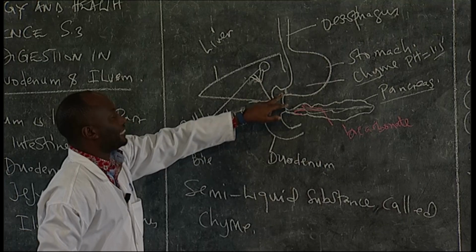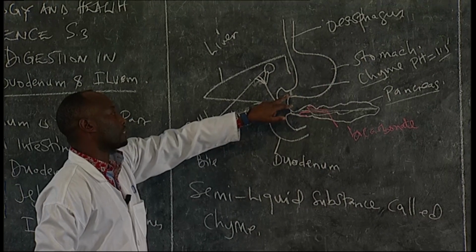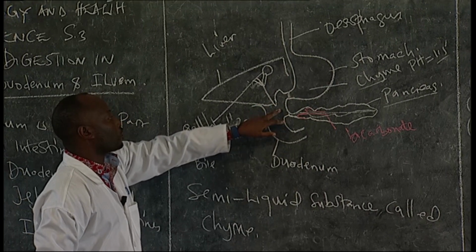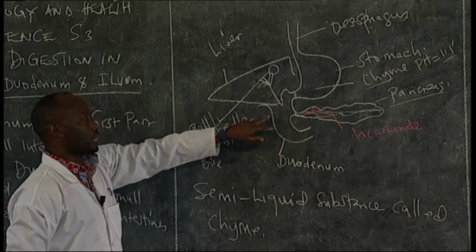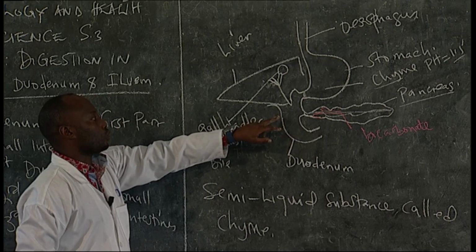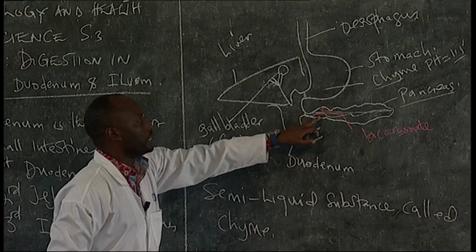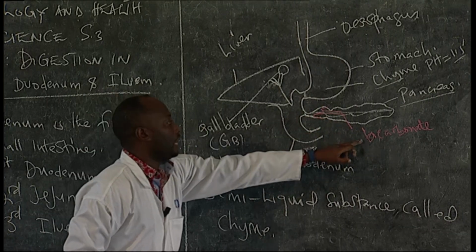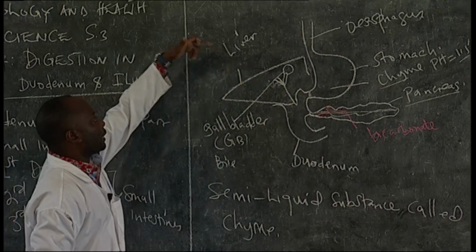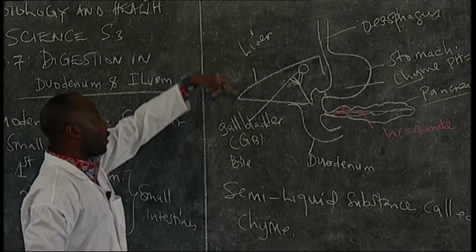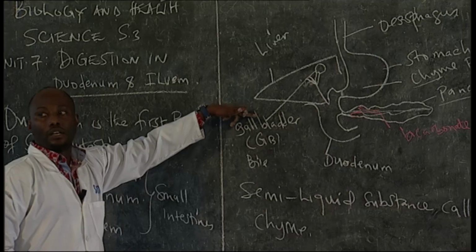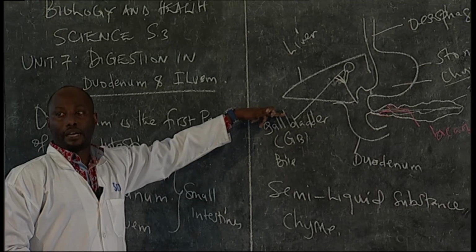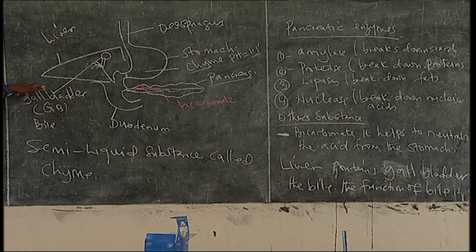Once the duodenum detects the food, it is stimulated by hormones, such as secretin, which stimulates the pancreas to release pancreatic enzymes and bicarbonate, and also stimulates the liver to inform the gallbladder to release the bile. And bile is very important in emulsification of fats.